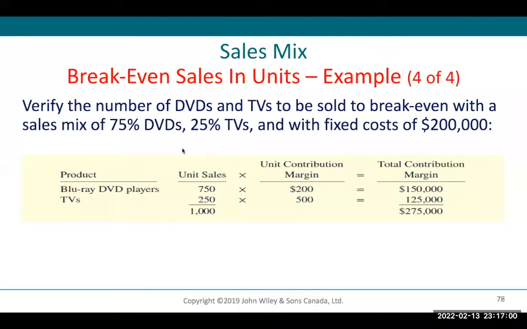That's how we get our sales mix percentages. Once we have our sales mix percentages, we can find our weighted average contribution margin per unit. Once we find our weighted average contribution margin per unit, we can find our break-even point in units.